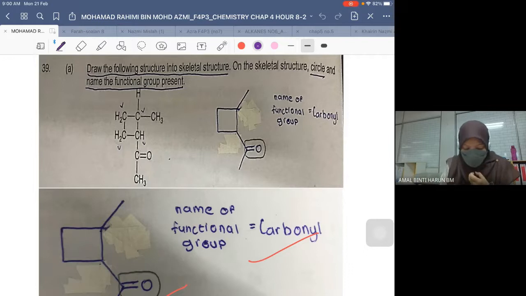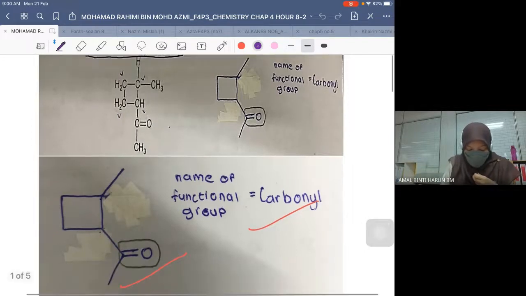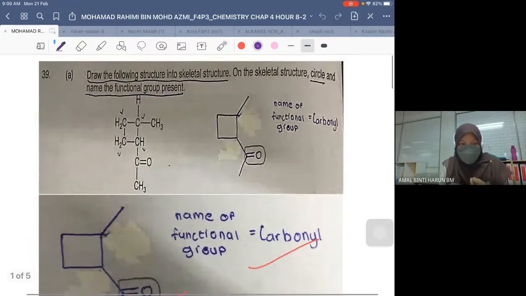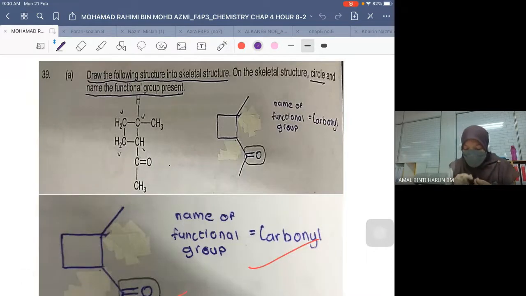So, I continue the previous question for question 39. So we left another 2 question for chapter introduction to organic. So saya cepat-cepat tu supaya you boleh concentrate lah nak buat kamu punya assignment kan. Alright.